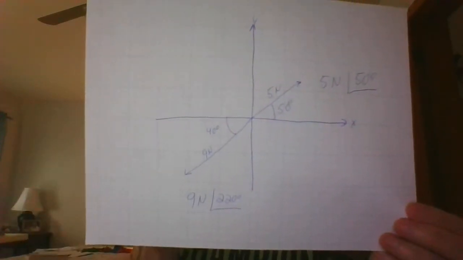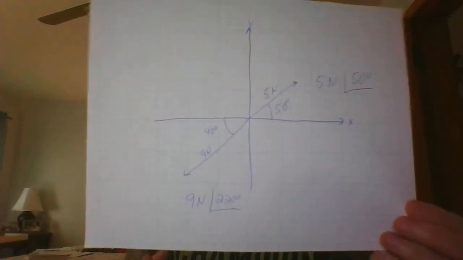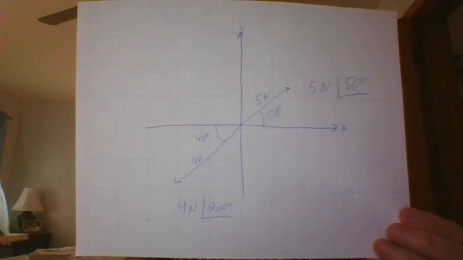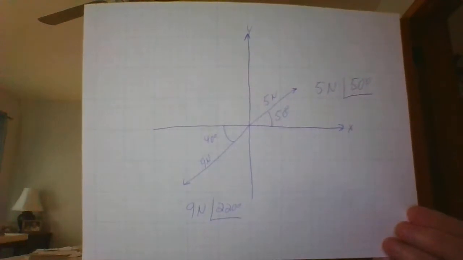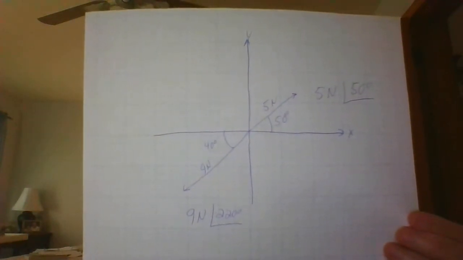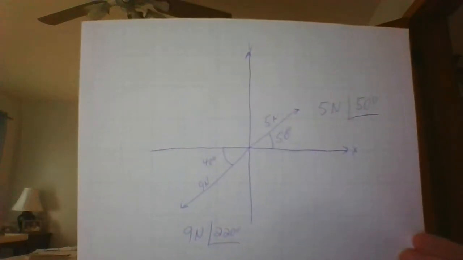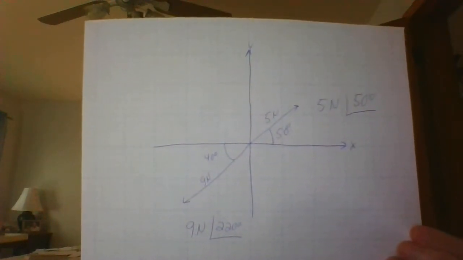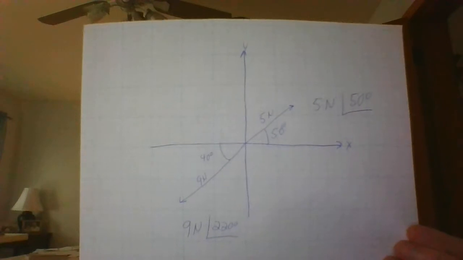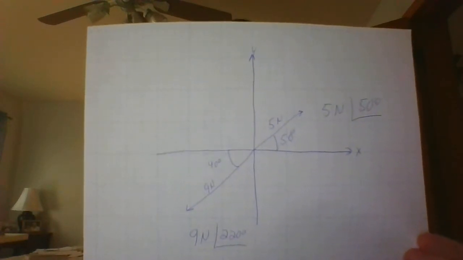This is polar form. The most important thing for polar form, if you want to follow my particular method, is to always take your angles referenced from the 0 x-axis. You'll notice that 40 degrees is specified off of the 180 point, so I added the 40 to the 180 and got the 220.